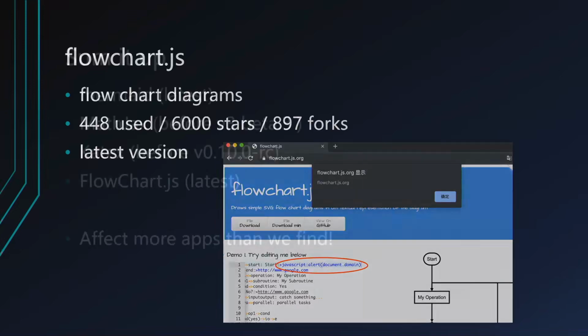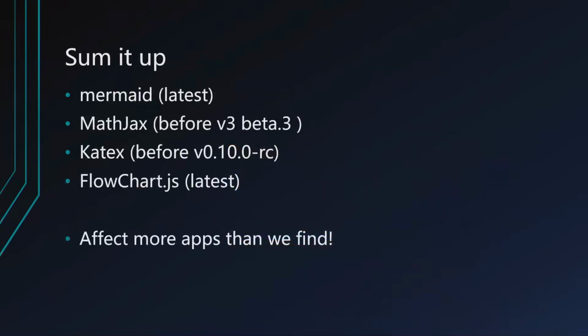So if you use Mermaid, please upgrade it to the latest version. The older versions of MathJax and KaTeX have cross-site scripting issues, and the latest version of flowchart.js has a click cross-site scripting.